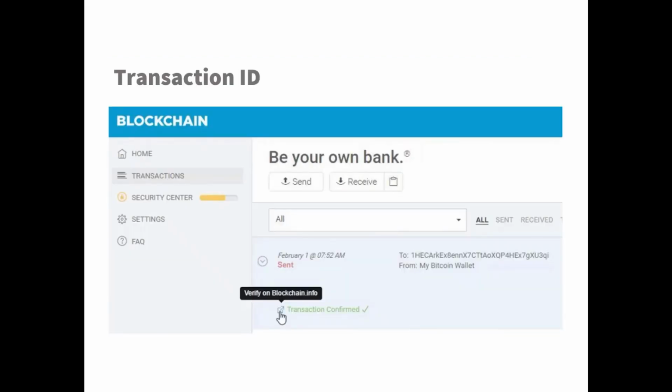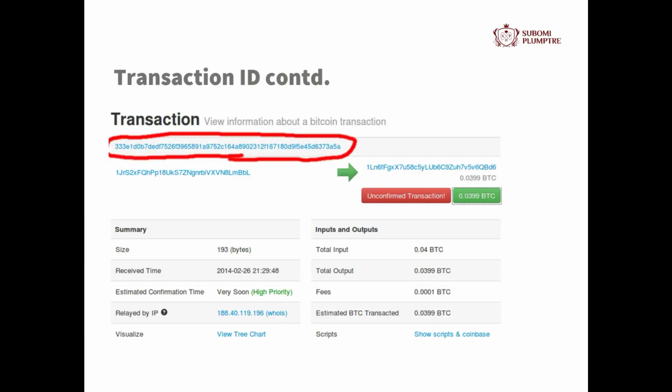This is the transaction ID I was talking about, where once you do a transaction and you click on the ID information, it takes you to this interface where you can see whether that transaction is confirmed or unconfirmed. If you see unconfirmed transaction, just wait a little bit. Sometimes it takes a few minutes for transactions to be confirmed.